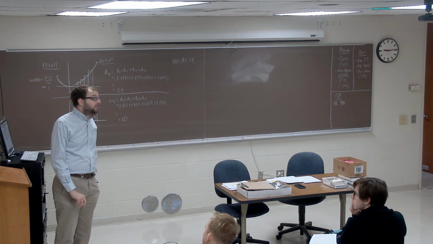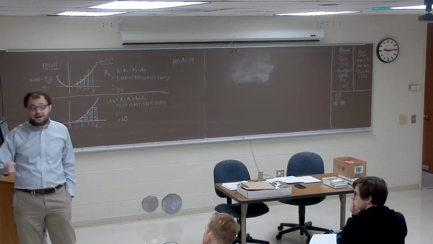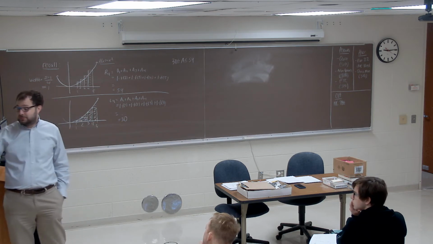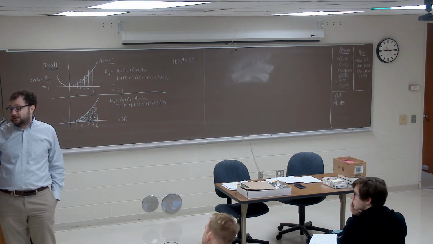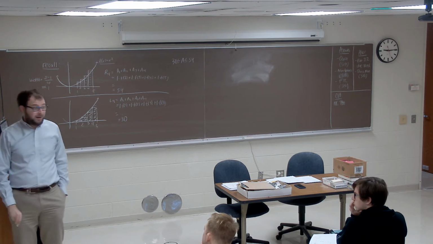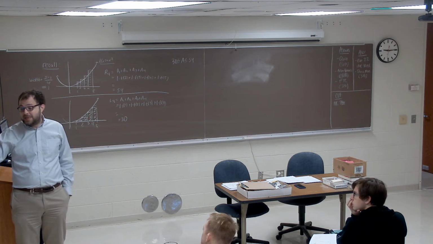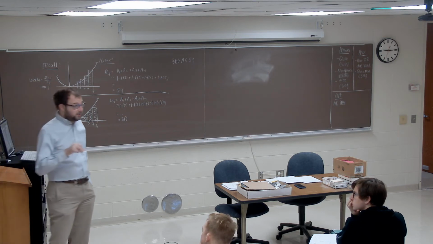Y'all want to know something fun? If we wanted to find the actual area, something we could do is we could use right endpoint approximation with n rectangles, and then take a limit as n goes to infinity.